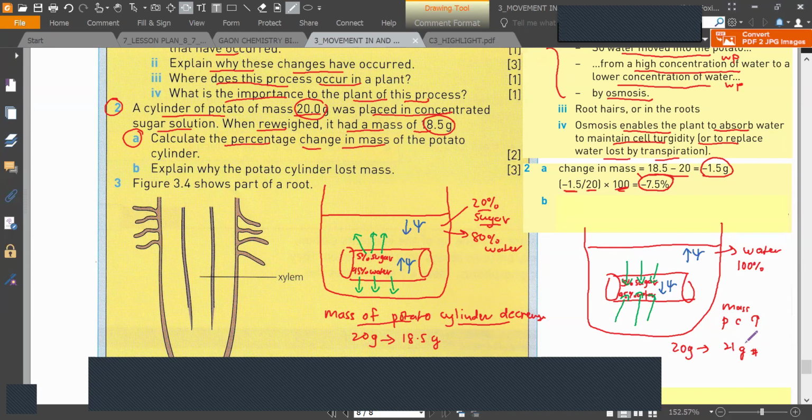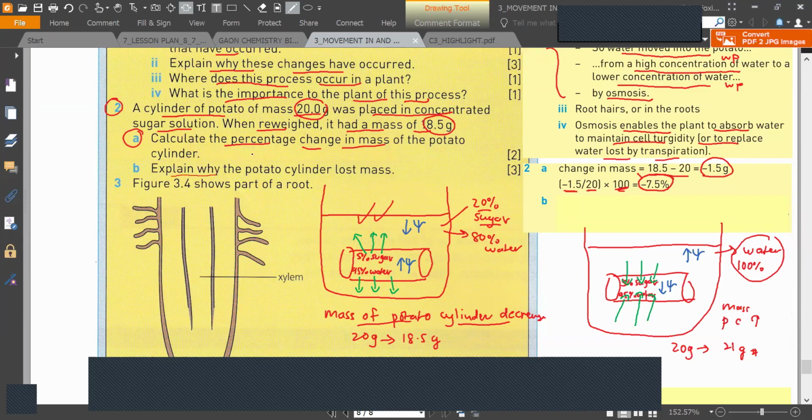So it depends which solution we put the potato cylinder into. It will either lose water or gain water. So in this case, it will lose water, because the osmosis is going from the potato cylinder to the solution.